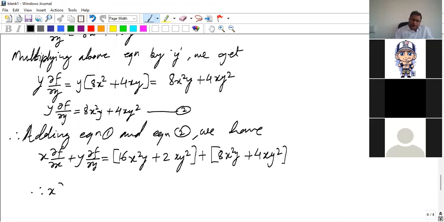So x double f by double x plus y double f by double y is equal to 24x square y plus 6xy square.